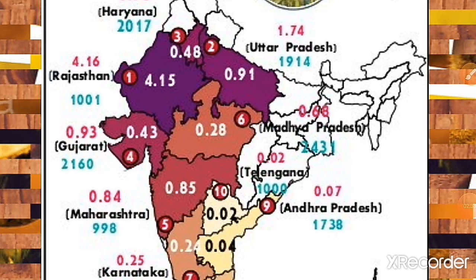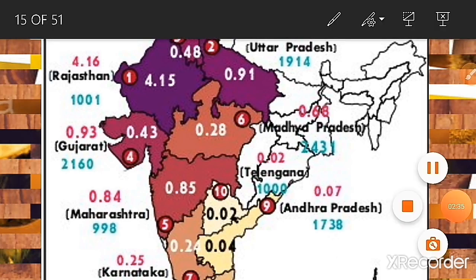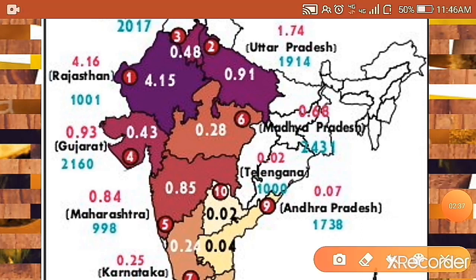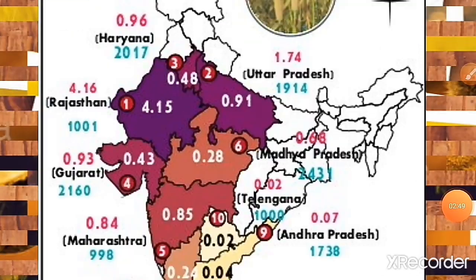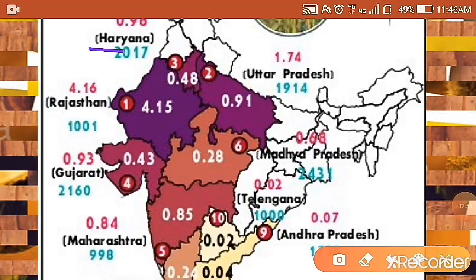Rajasthan is the largest producer of bajra, followed by Uttar Pradesh and Haryana. Gujarat and Maharashtra also produce bajra.